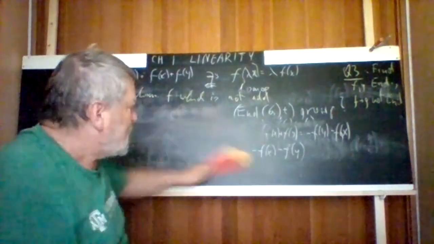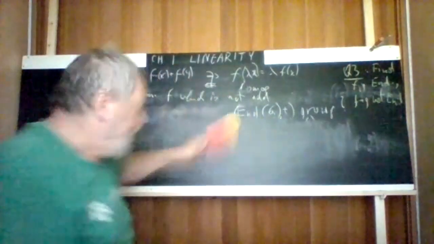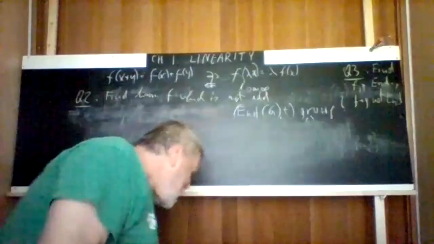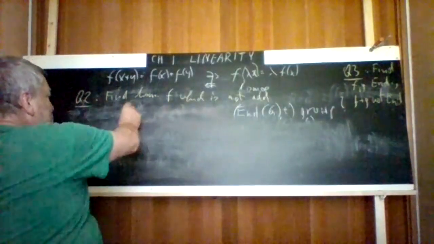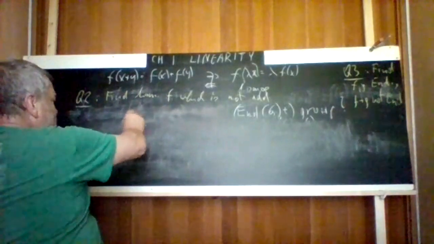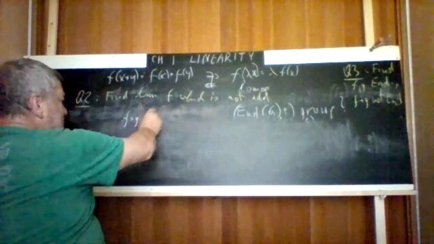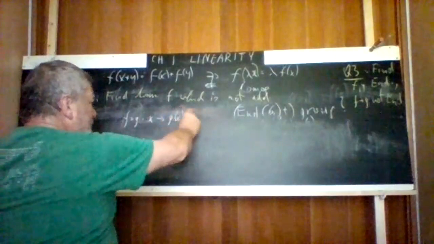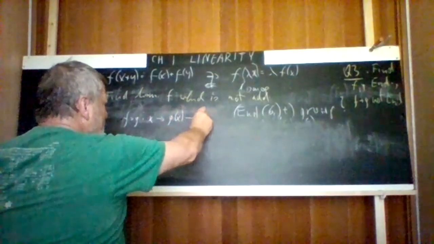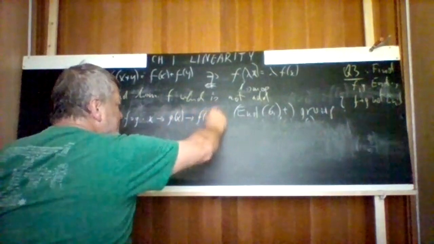It will still be at least a map from G into G, and we denote this by f composed with g. This takes x first to g of x, and then to f of g of x.